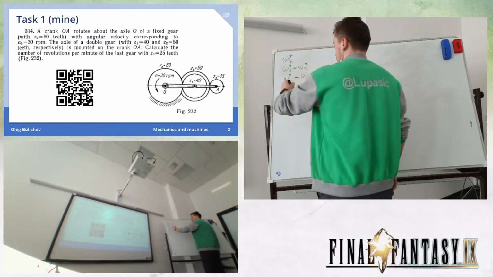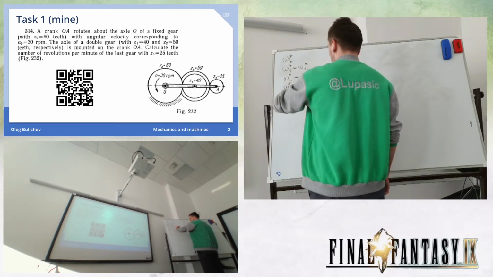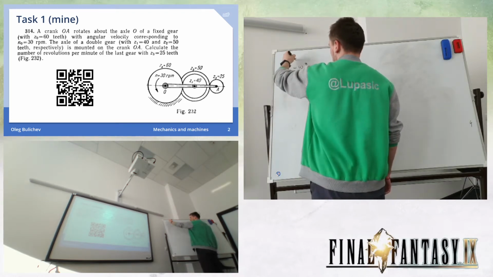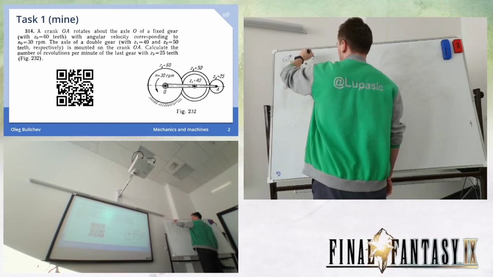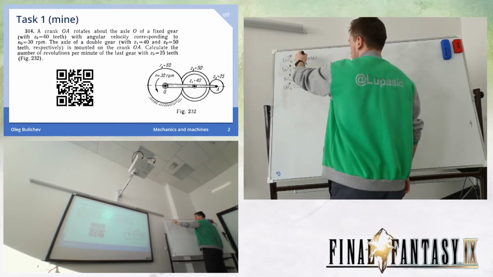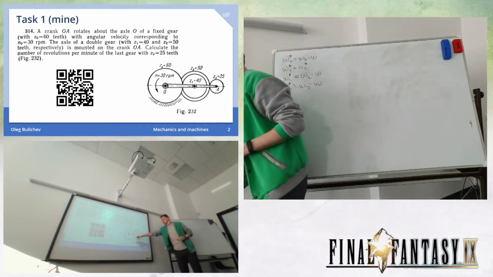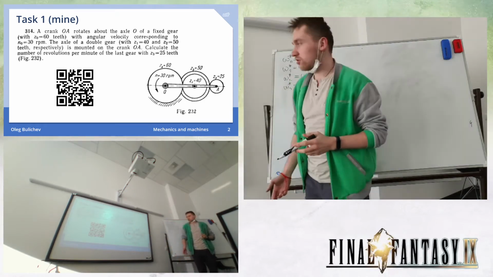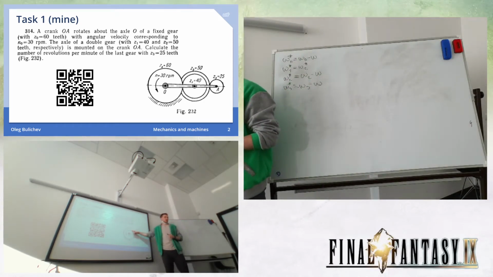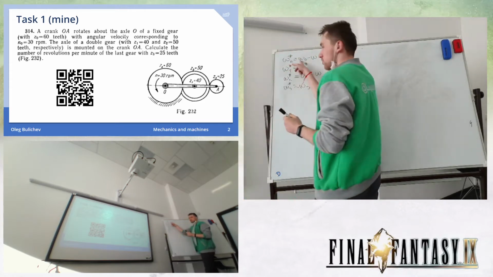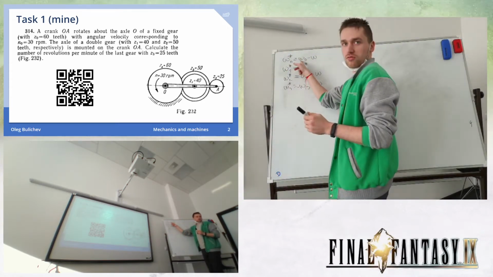So omega 3 will be minus omega. We fix OA and the three other gears, so in this case we don't have V0. It's equal to 0 because it's fixed.